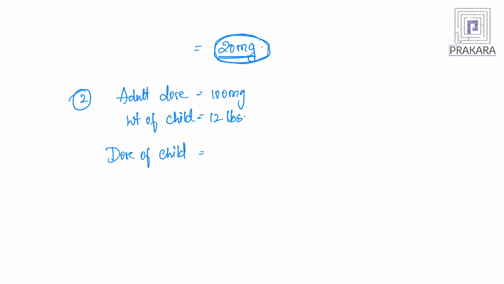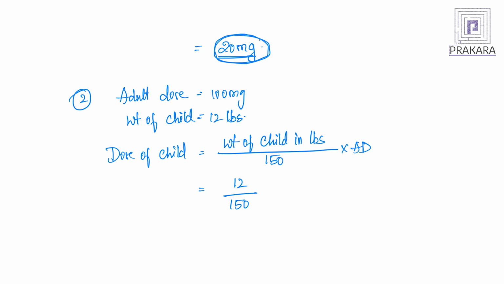Dose of child is equal to weight of child in pounds divided by 150, into adult dose. So that is 12 divided by 150, into the dose of the adult, which is 100 mg. So it gives you 8 mg of the drug.